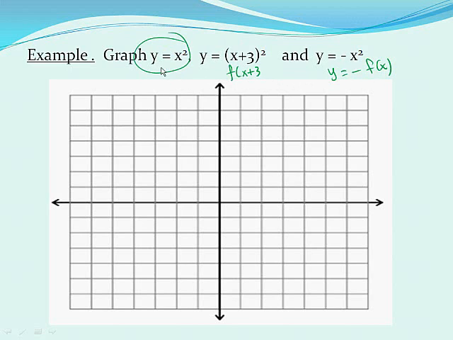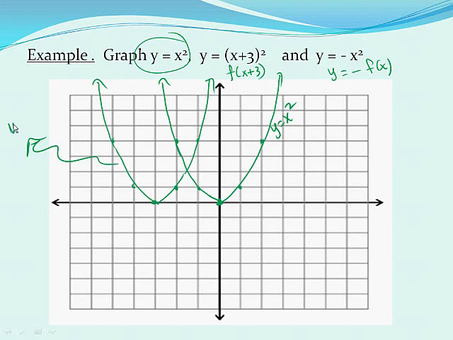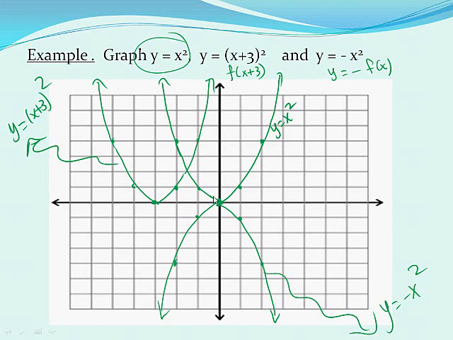So if you start out with the graph of y equal to x square, so this is going to be the graph of y equals x plus 3 the whole square. Now if you are looking at y equal to negative x square, that is obtained as the reflection about the x-axis. If you reflect this about the x-axis, we are going to get this graph.